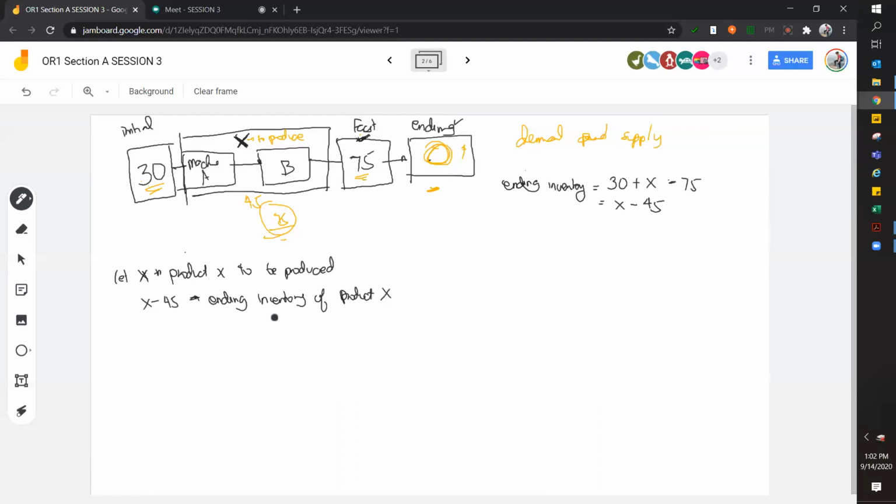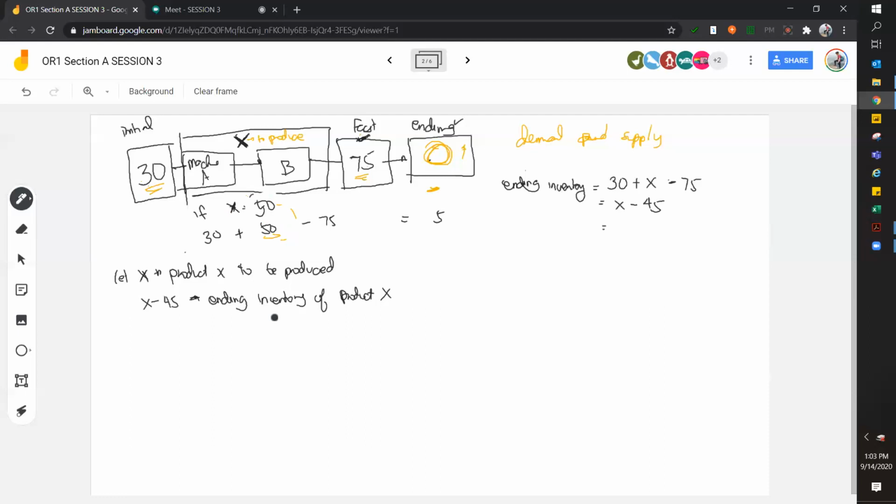So this means, guys, for example, I produced X equal to 50. What is my ending inventory? Let's check: 30 plus 50 minus 75, what is the result? 5.